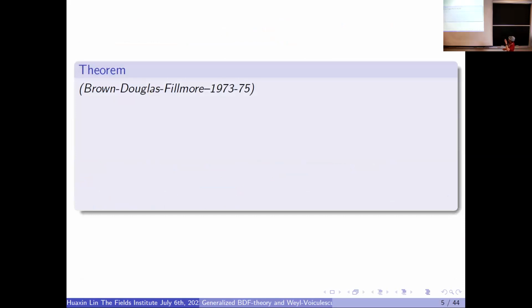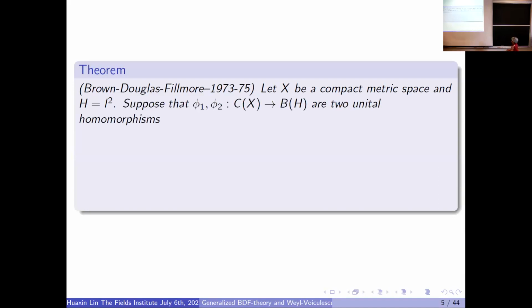Then let me mention one of the results from BDF, from Brown, Douglas, Fillmore. Let X be a compact metric space, H is just L2, and you have two unital homomorphisms, phi 1 and phi 2, from C(X), the continuous functions on X, to B(H).